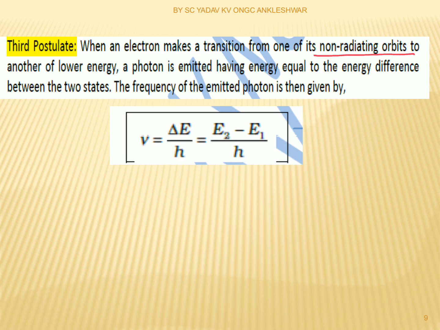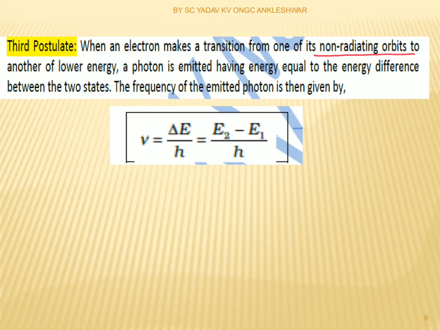When an electron changes its orbit, there is a transition, and in that case only energy change takes place. So in order to go to a higher energy level, the electron absorbs radiation, and when it returns to the lower energy state, energy is emitted, or you can say a photon is emitted.